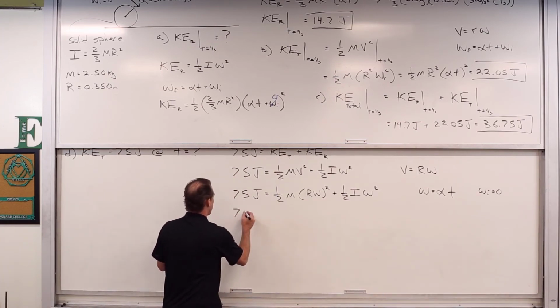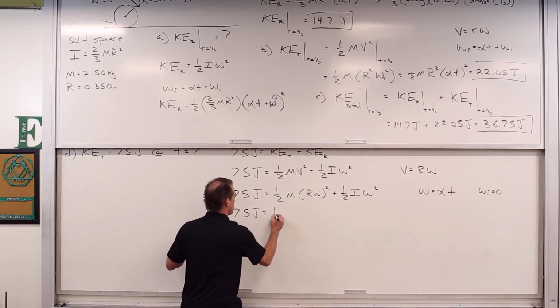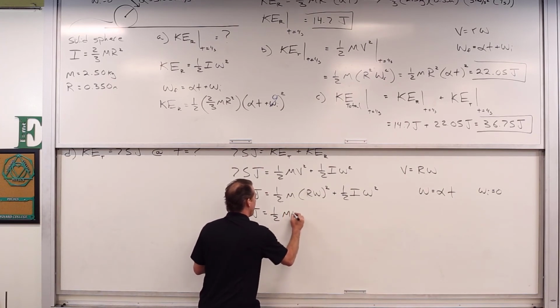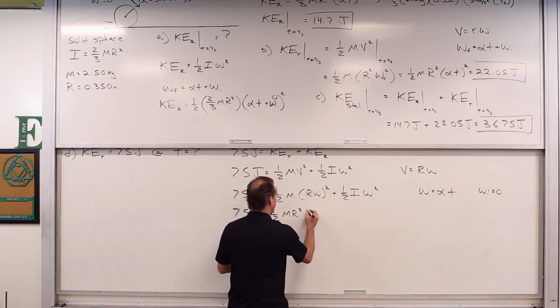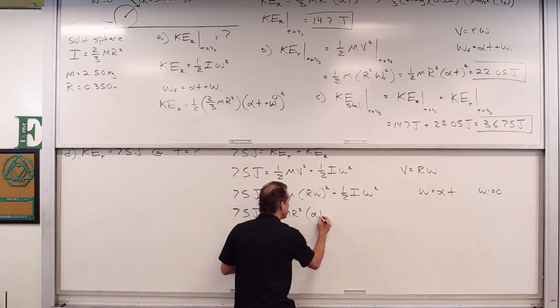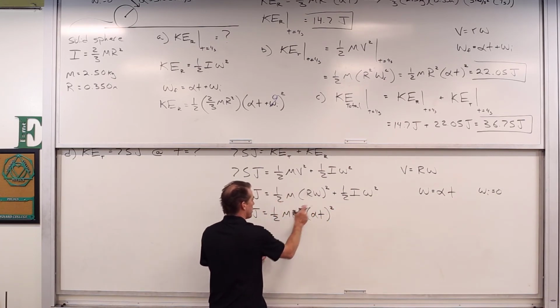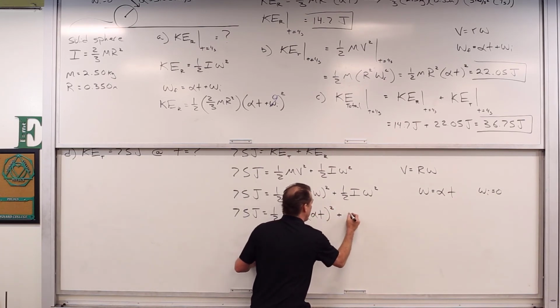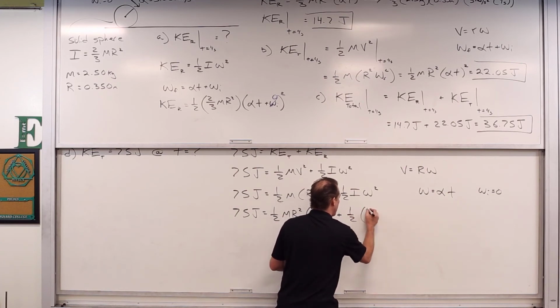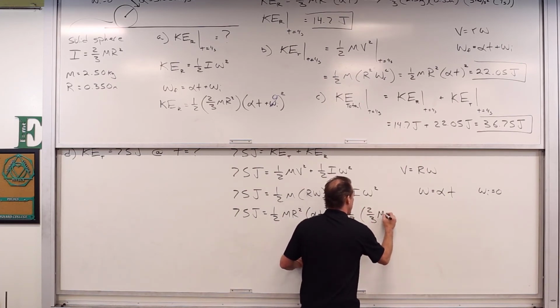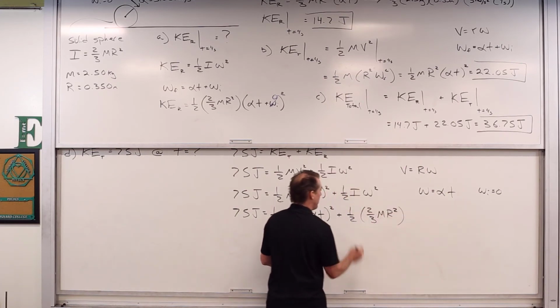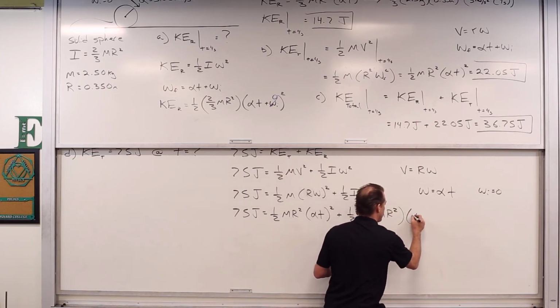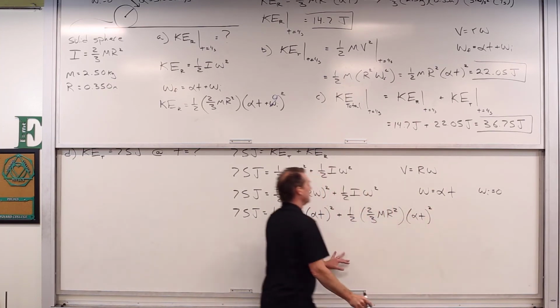So let us write this as 75 joules is equal to 1/2 m r squared multiplied by (alpha t) quantity squared, so r squared, then omega squared, plus 1/2 times 2/3 m r squared times omega squared, which is the quantity alpha t squared.